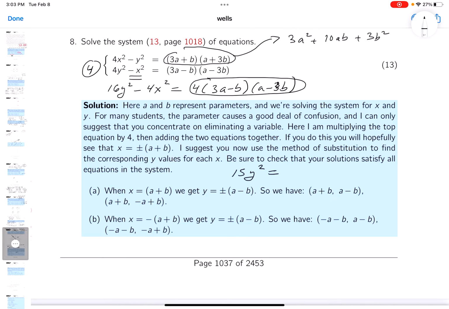What do you get for the other one? Well, 3a times a is 3a squared, but 12a squared, because I'm multiplying by 4. And then what do you get? You get minus 9ab minus ab, that's minus 10ab, so minus 40ab.